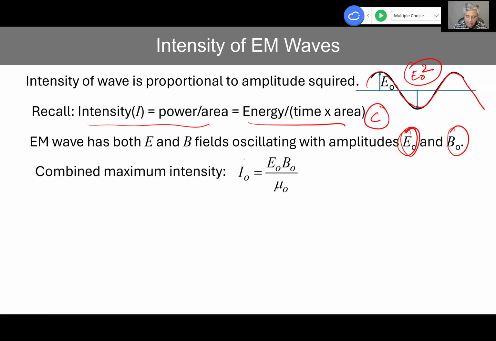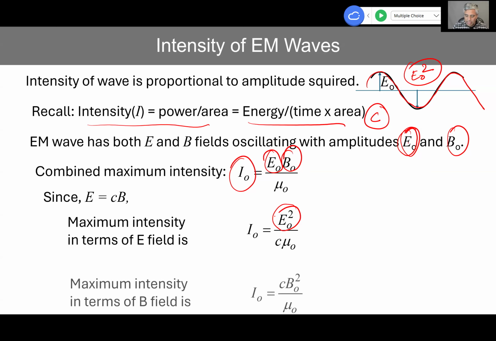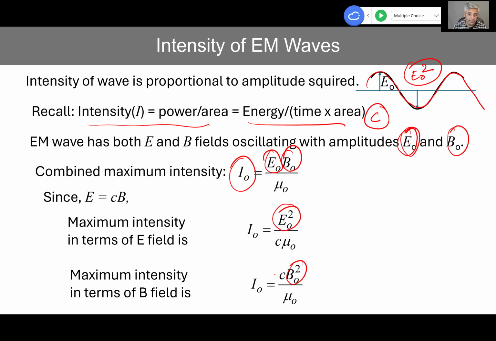So the amplitude can be written in different ways: as a combination of both electric and magnetic field amplitudes, purely in terms of the electric field, or purely in terms of the magnetic field.